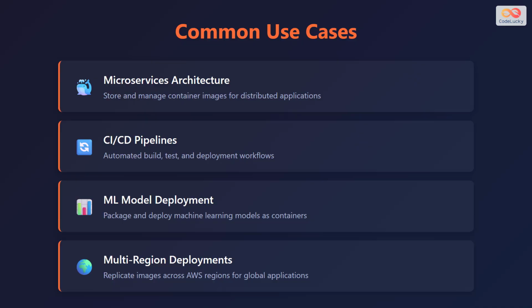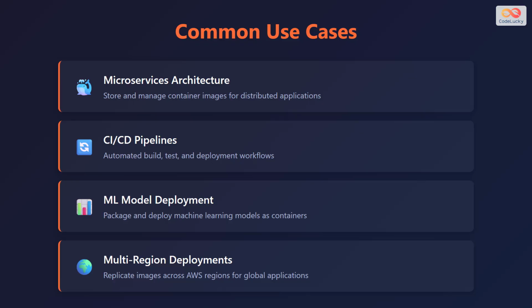ECR excels in several real-world scenarios. For microservices architecture, ECR provides a centralized place to store and manage container images for distributed applications where each service runs in its own container. In CI/CD pipelines, or continuous integration and continuous deployment pipelines, ECR integrates seamlessly with automated build, test, and deployment workflows, allowing teams to push new image versions automatically.